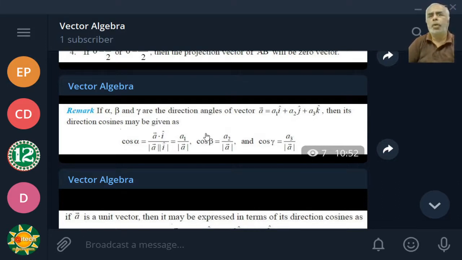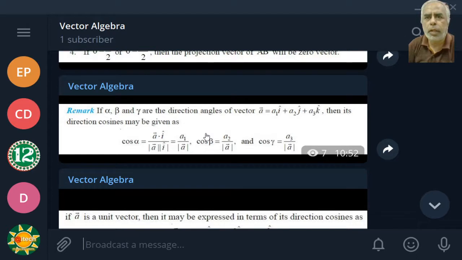Here is a very important remark. We know already alpha, beta, gamma are the direction angles of vector A with the components A1 i, A2 j, A3 k. Then the direction cosine can be written as cos alpha is equal to A vector dot i cap divided by A vector modulus into i cap modulus. The i cap modulus is 1, is it not?